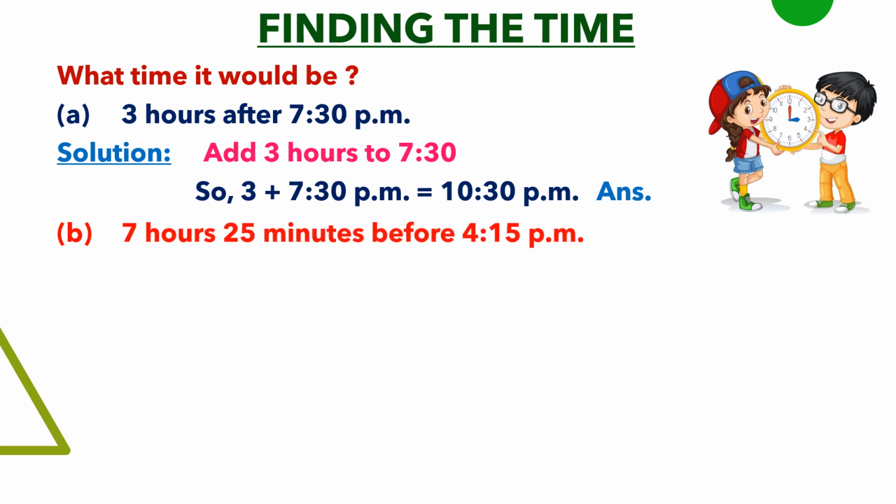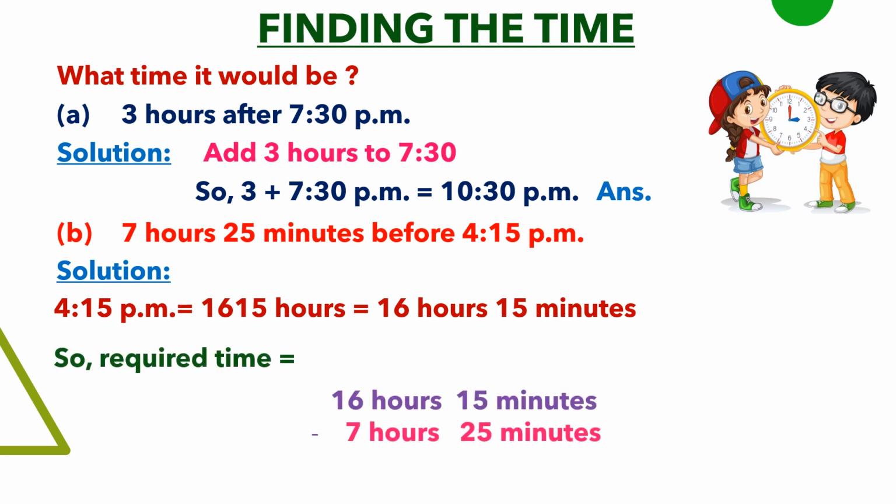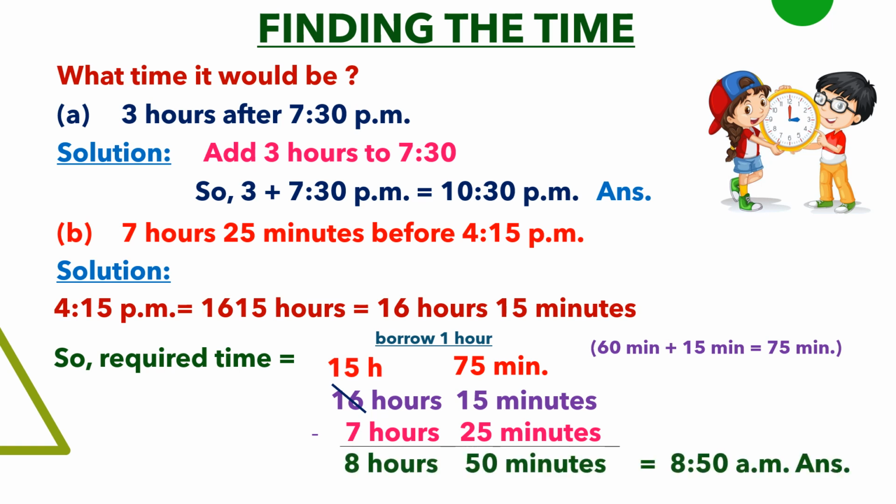Then 7 hours 25 minutes before 4:15 p.m. Solution is 4:15 p.m. is equal to 16:15 hours or 16 hours 15 minutes. We'll convert it. So the required time is, we'll subtract 7 hours 25 minutes from 16 hours 15 minutes, and we'll follow the same method. Since 25 minutes are more than 15, so we are going to borrow 1 hour. 1 hour means 60 minutes. 60 plus 15, 75 minutes.